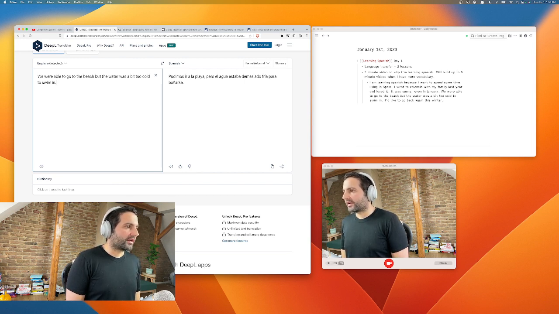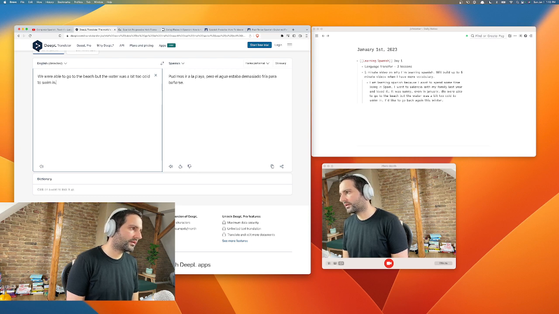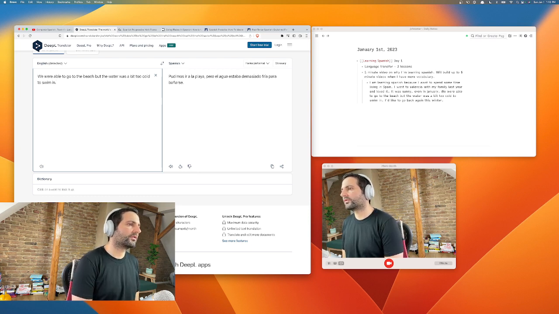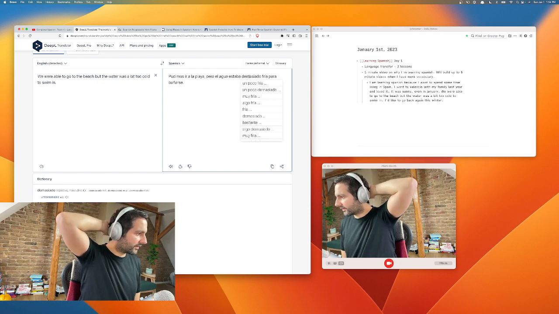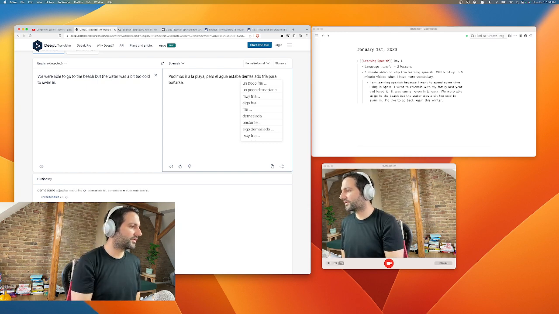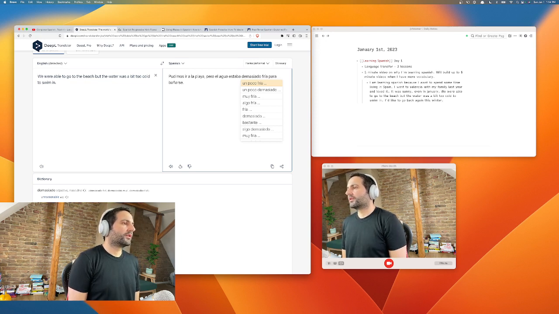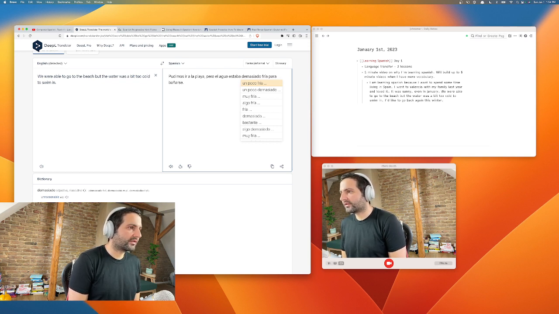Pudimos ir a la playa, pero el agua estaba demasiado fría. Fría must be cold. This must be was. It was. Demasiado is unreasonable or overmuch. Yeah, this is what we want. Pudimos ir a la playa, pero el agua estaba demasiado fría para. It was a bit too cold.